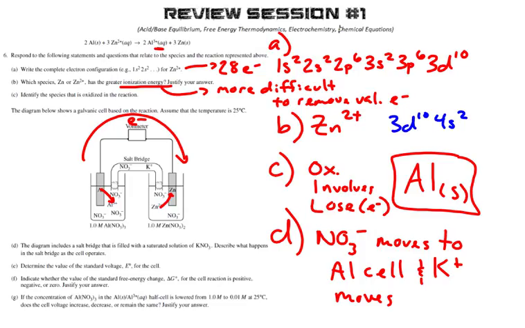I'm losing positive charge, so the K plus offsets that positive charge loss. Notice how I figured that all out just by looking at the equation. That helps. So if it ever asks what's actually happening in the salt bridge, even if it doesn't go out of its way, you need to say where the actual ions are going, please.